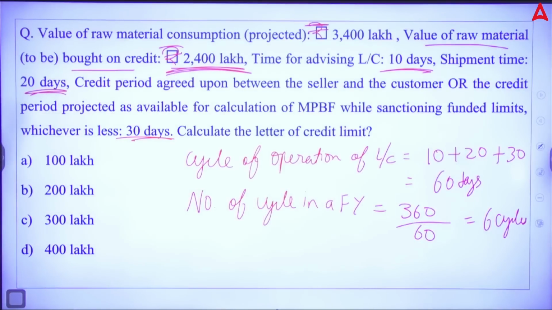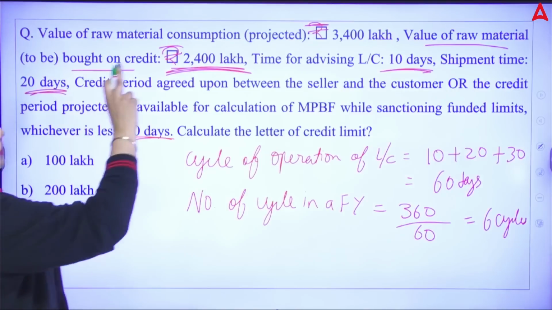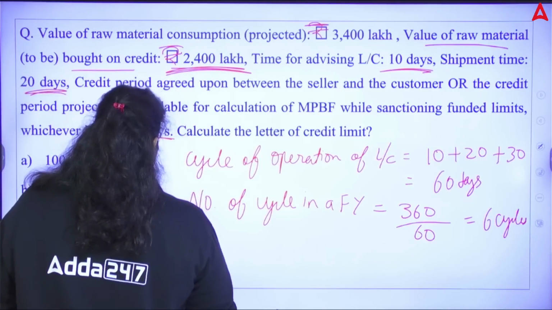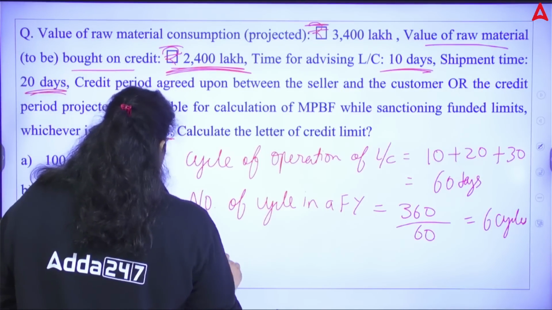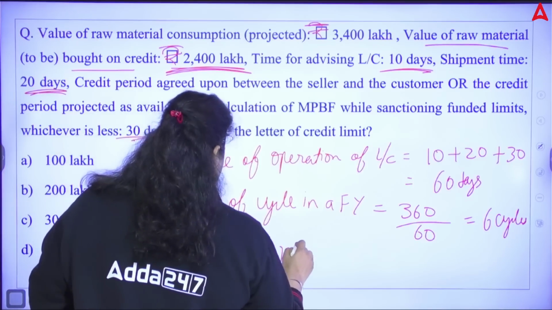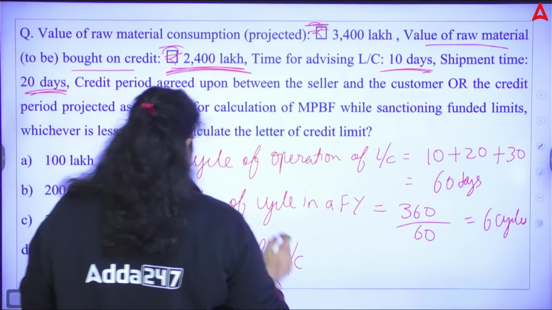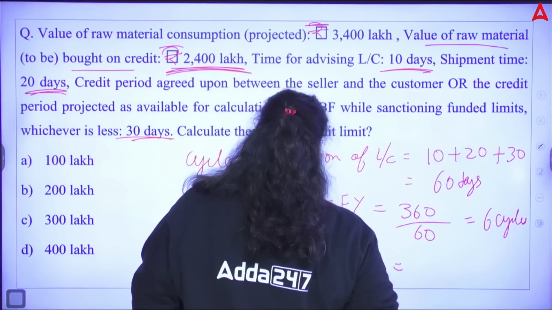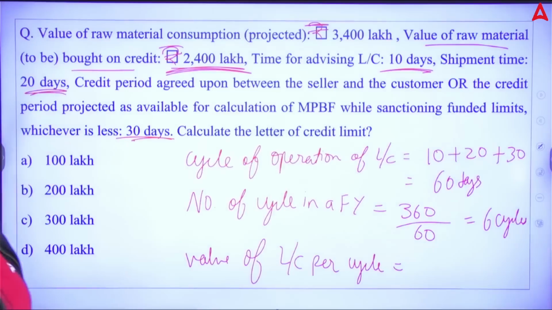Now, the value of letter of credit required per cycle, that is required from the bank, like the credit limit you need. So how to calculate?